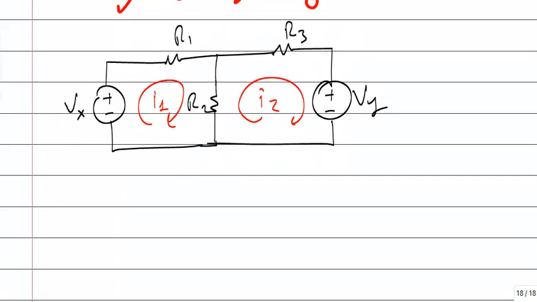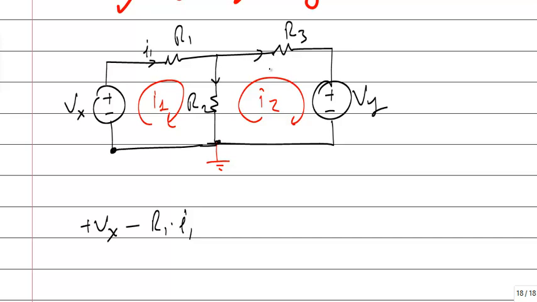It's a good application to define a node, of course. Apply the KVL equations. Okay, minus Vx plus. There is a voltage increase, so I will write plus Vx. Then I1 is the current in this mesh. Okay, minus that voltage, there is a voltage drop: minus R1 times I1, because this current is I1.